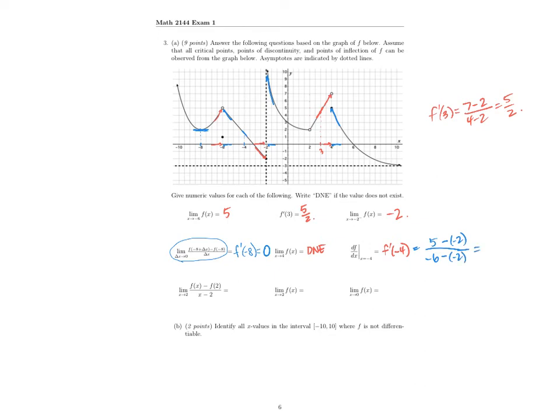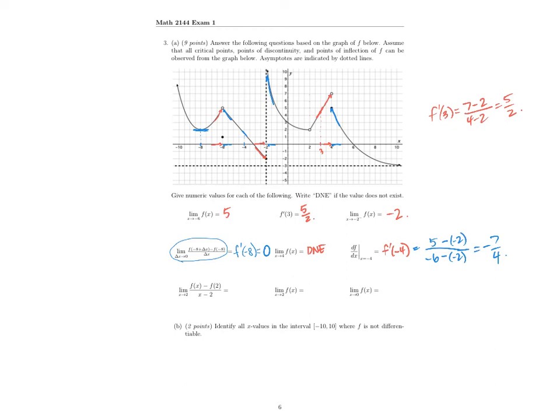Okay, so what does that give me? 7 over -4. So -7/4. Okay, all right, so that's just the slope there at -4.